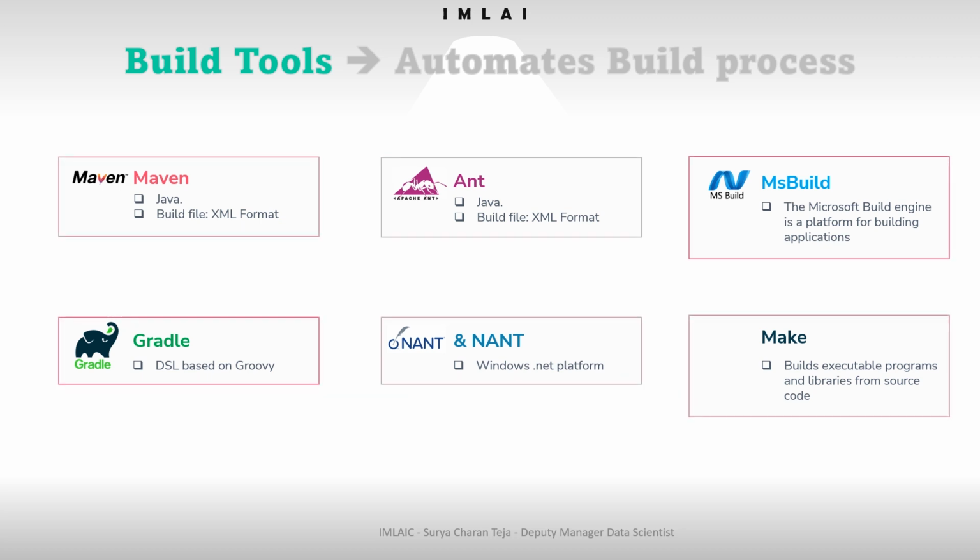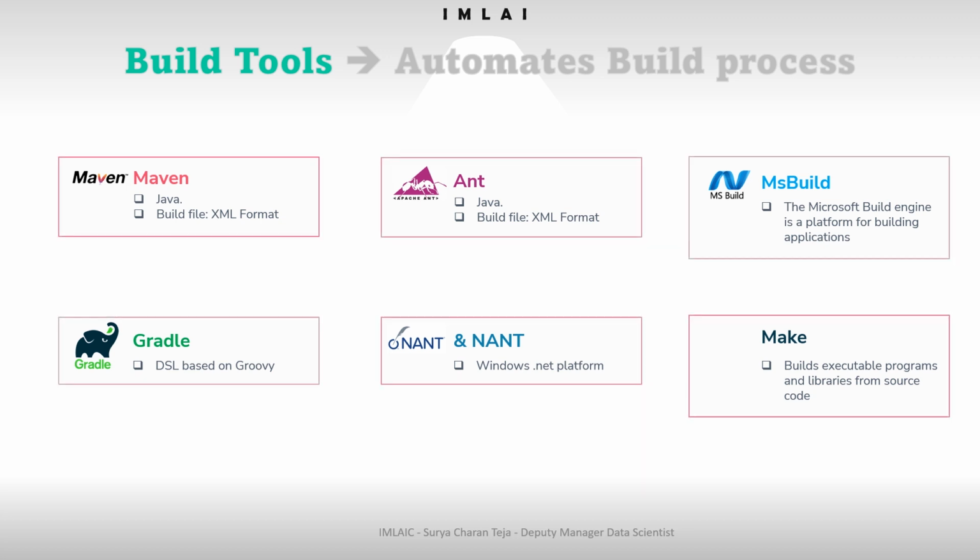There are many build tools based on your target and the programming language. The right build tool will be decided by the developers or the software architects, and they will set up the build process accordingly.